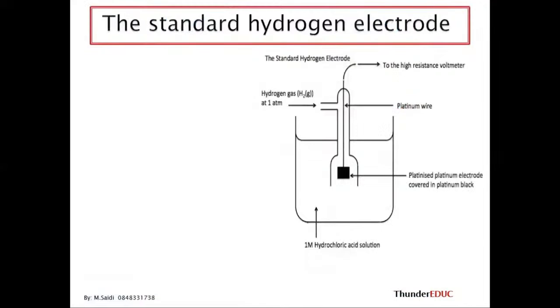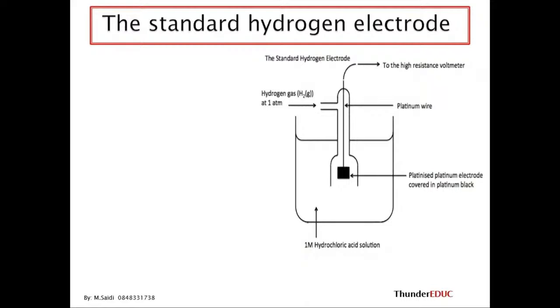Let's look at standard hydrogen potential. Why do we start with the standard hydrogen potential? Because hydrogen is regarded as the benchmark, the one which we compare to. Whatever we do, we compare it to hydrogen. So it's the standard.